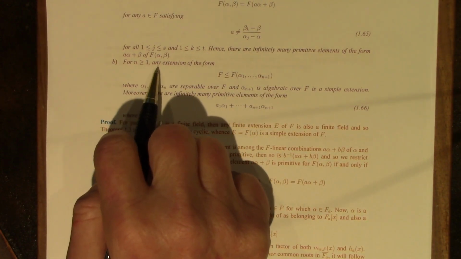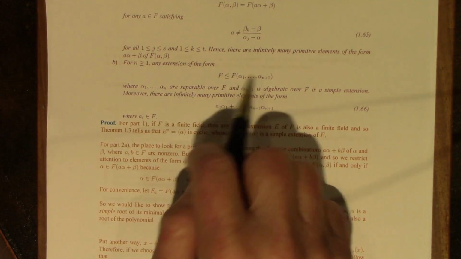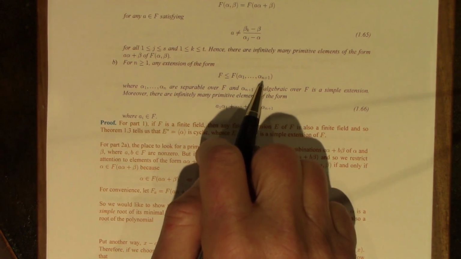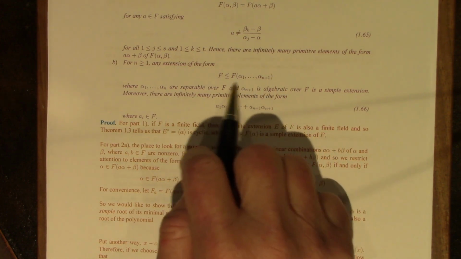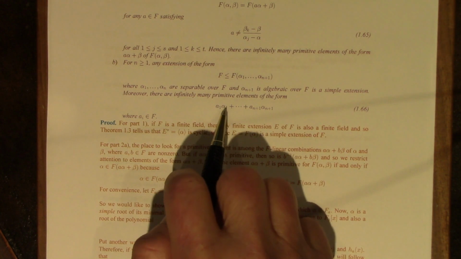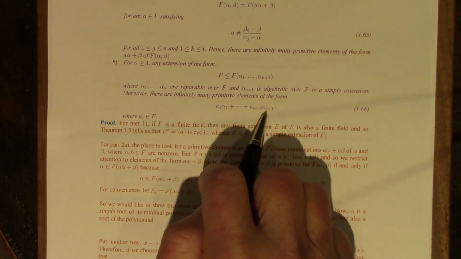Also, for any extension of this form, where all but the last generator is separable and the last one is algebraic, so this is a generalization of what we just talked about, this will be simple, and there will be infinitely many primitive elements of this form.